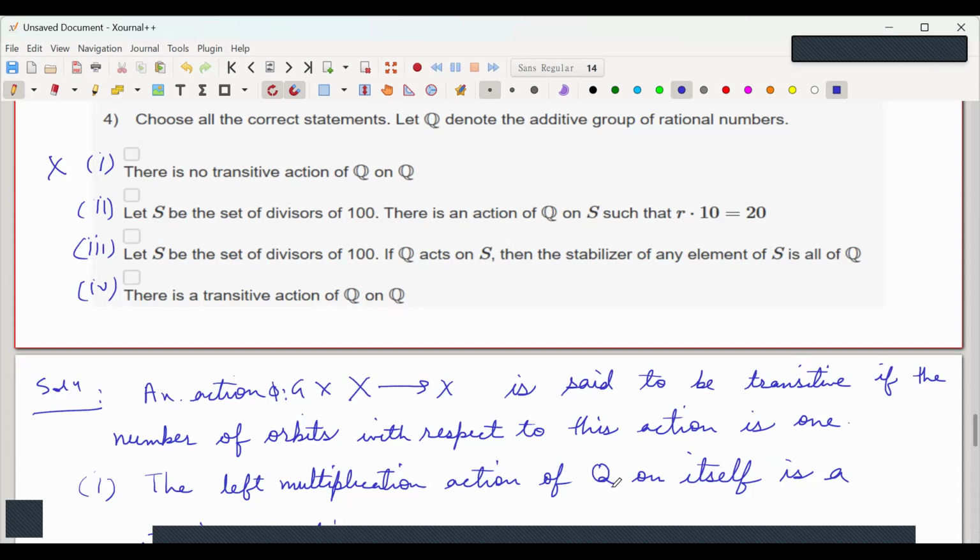So one of them should be wrong, right? It says the stabilizer of any element of S is all Q. And the second one says that 10 maps to 20. So if the stabilizer is whole Q, then this cannot happen. And if there is just one element, then the stabilizer cannot be whole Q, right? So one of them should be wrong.